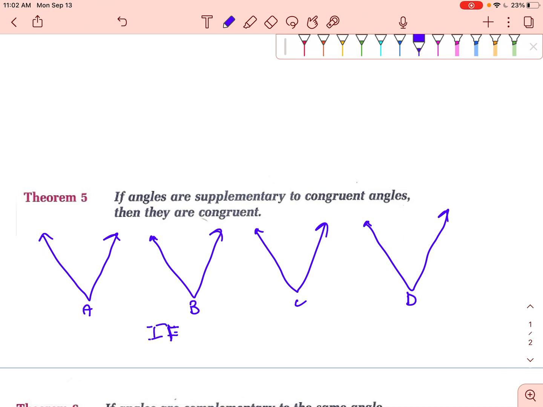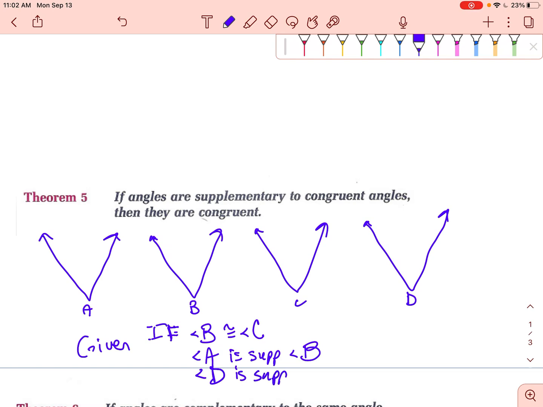Hypothetically, if angle B is congruent to angle C, let's say I also told you that angle A is supplementary to angle B, and angle D is supplementary to angle C. Again, this is our given information.